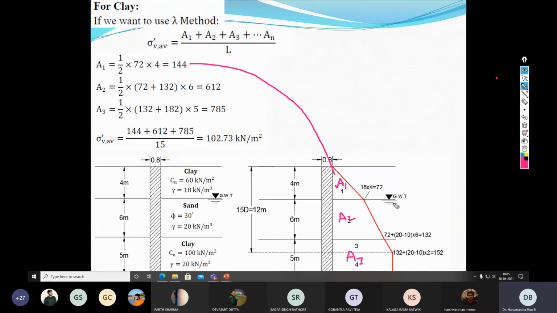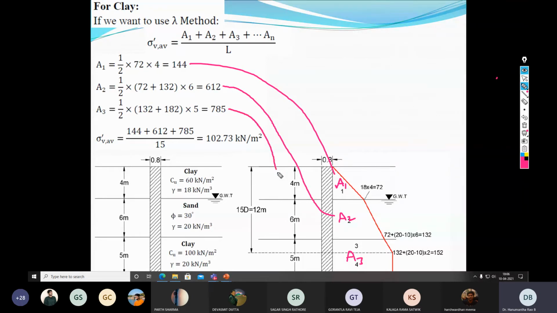Then A2. Since this is a trapezoid, you take the average of these two, 72 plus 132 by 2, multiplied by the height 6. So this is A2. Next A3, which is also a trapezoid. So 132 plus the bottom, 182. The bottom of the layer is 182. So you calculate for the 5 meter.